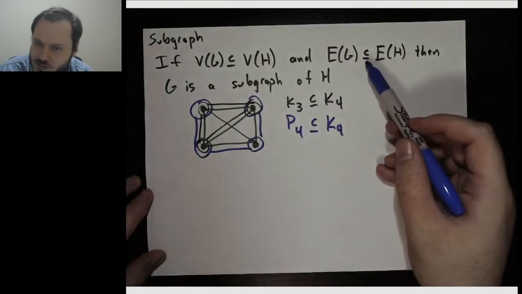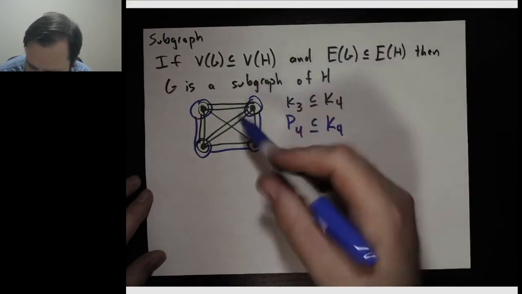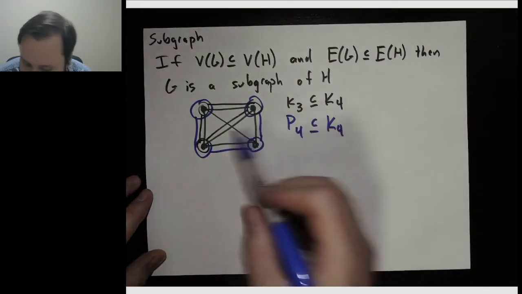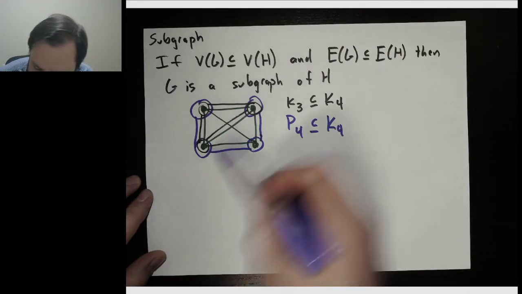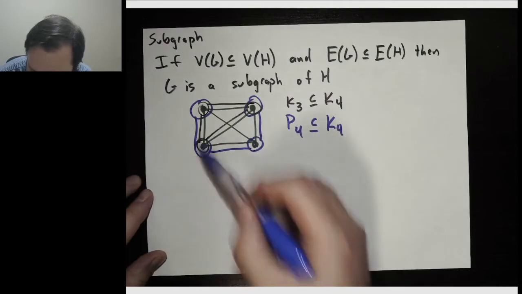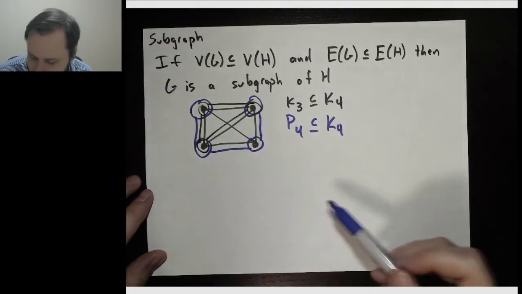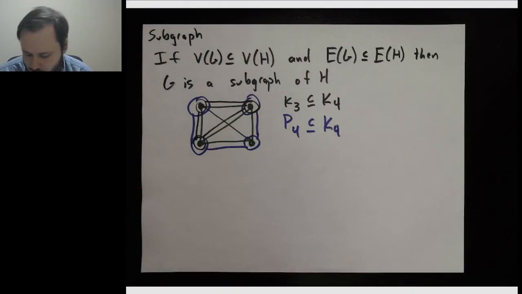Because notice, I just need the edges to be a subset of the edges. So in my original graph, K4, these 2 vertices were connected. But in my subgraph, I didn't take that edge. I just took those 4 vertices and these 3 edges. So P4 is a subgraph of K4.